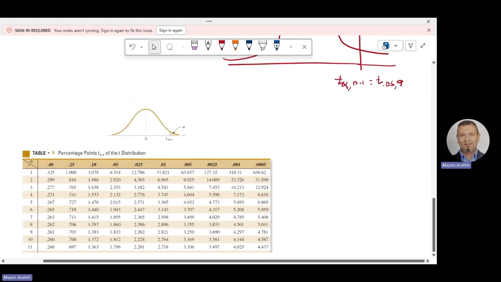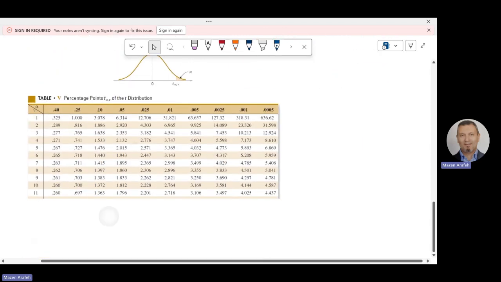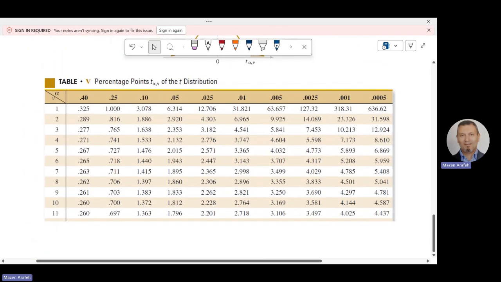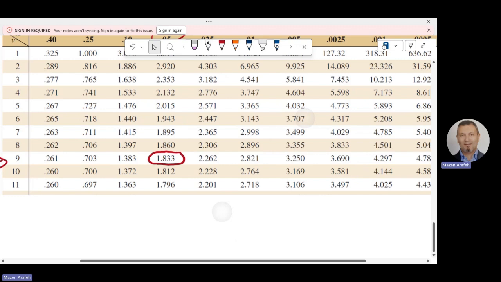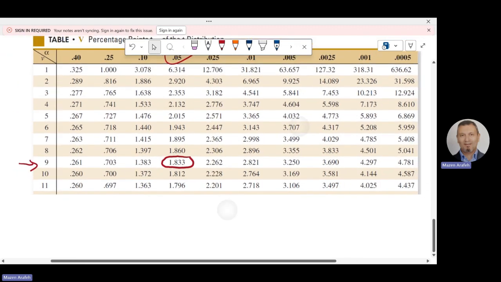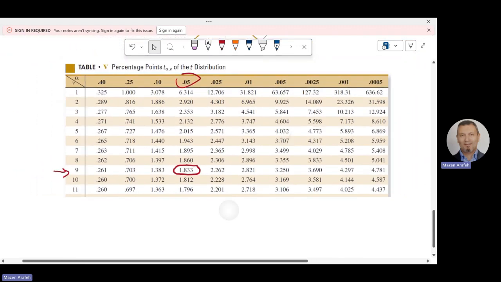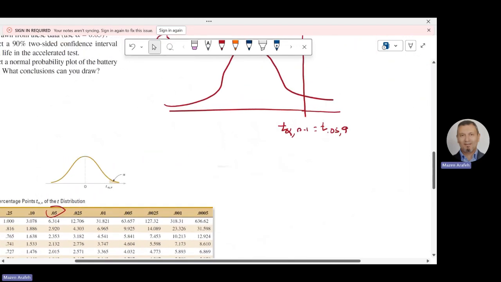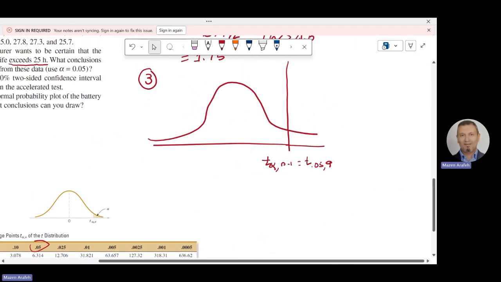We get this from the table. This is a one-sided test. Alpha is equal to 0.05, and I have degrees of freedom 9, so my critical value will be 1.833. Sorry, it is 1.833. So go back here, and we write this 1.833.